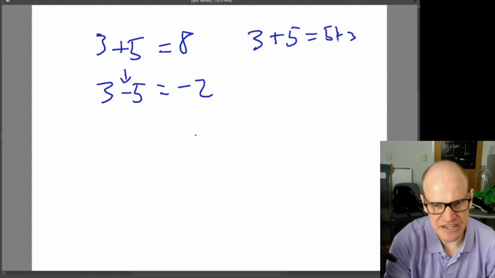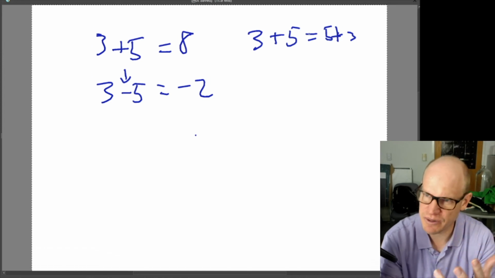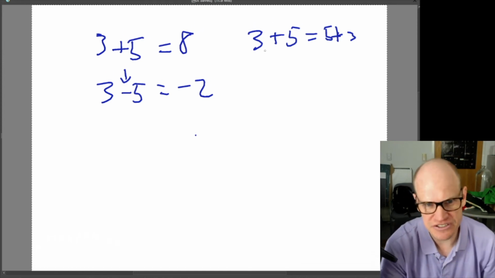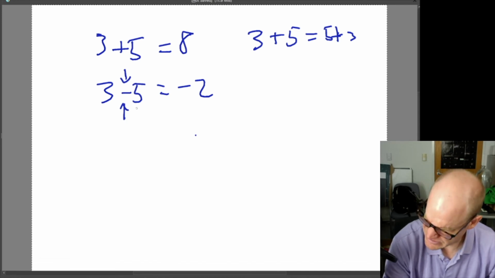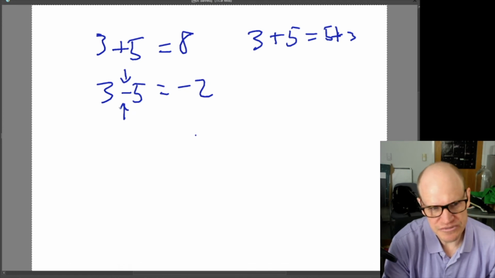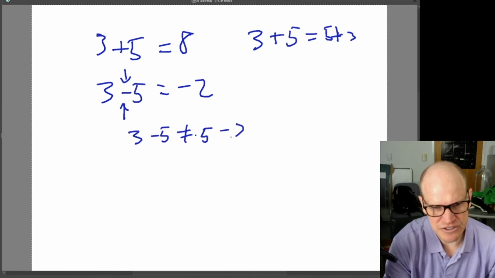You get the same answer, because that's one of the interesting features of addition, that it is commutative. Subtraction is not commutative, so it is a binary operation. Does it form a group? It's associative. It seems to be associative, but it's not commutative. So 3 minus 5 is not the same thing as 5 minus 3. Okay, so it's not commutative.